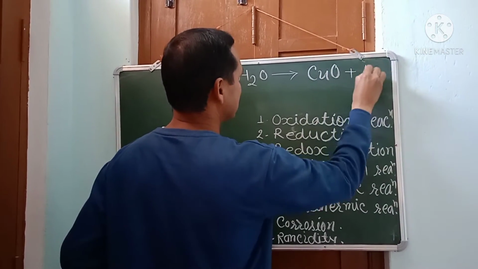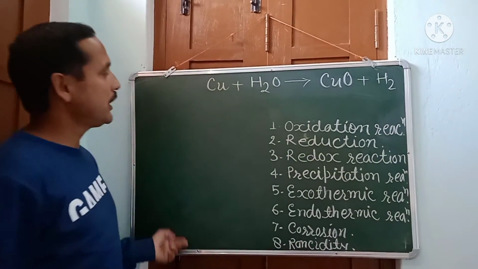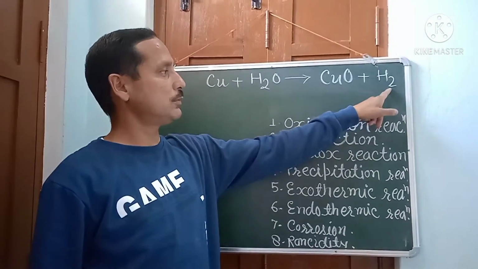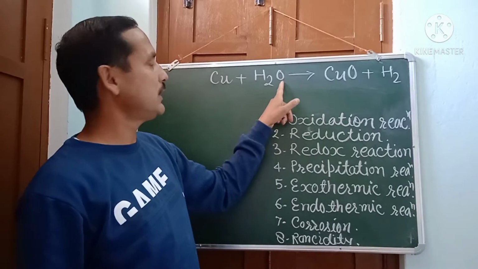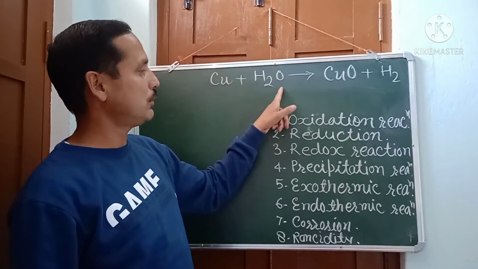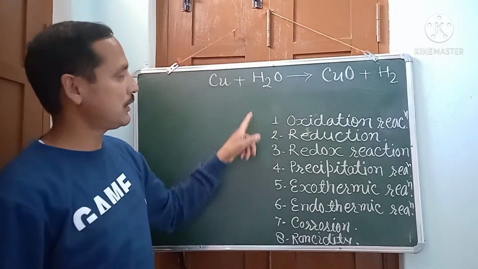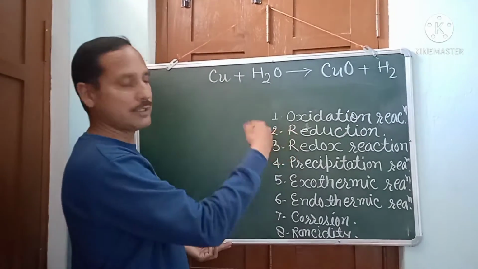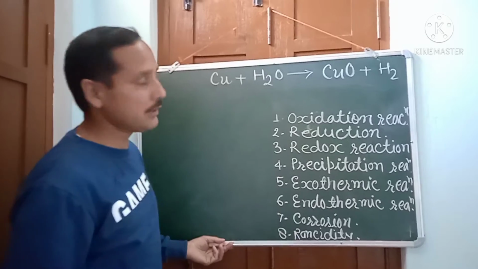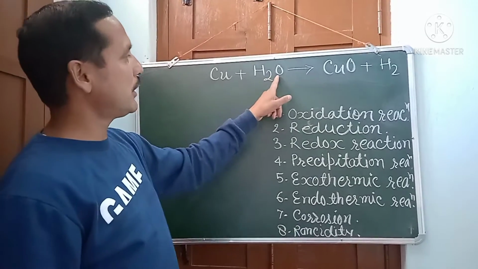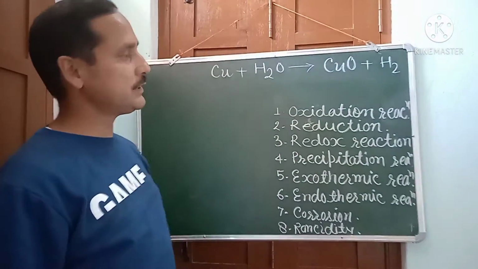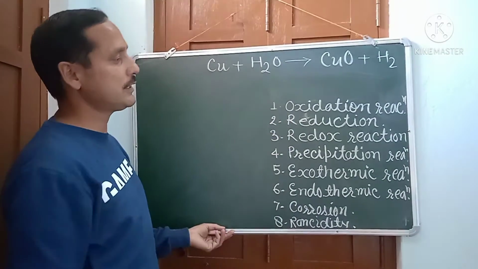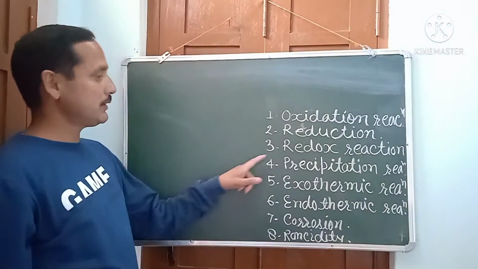Here we can see CuO and here only Cu, which shows oxygen has been removed from copper. So such types of reactions are called reduction reactions. Again, any chemical reaction in which oxygen is removed or hydrogen is added is called reduction or reduction reaction.